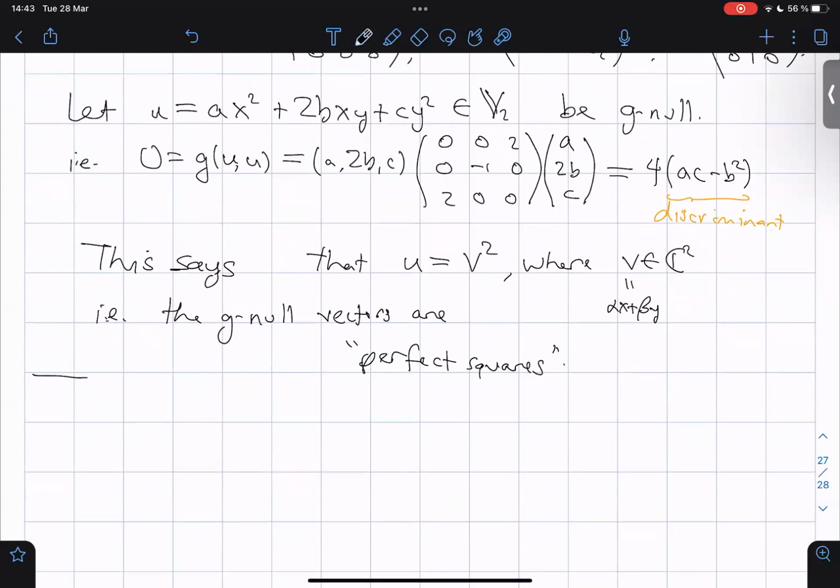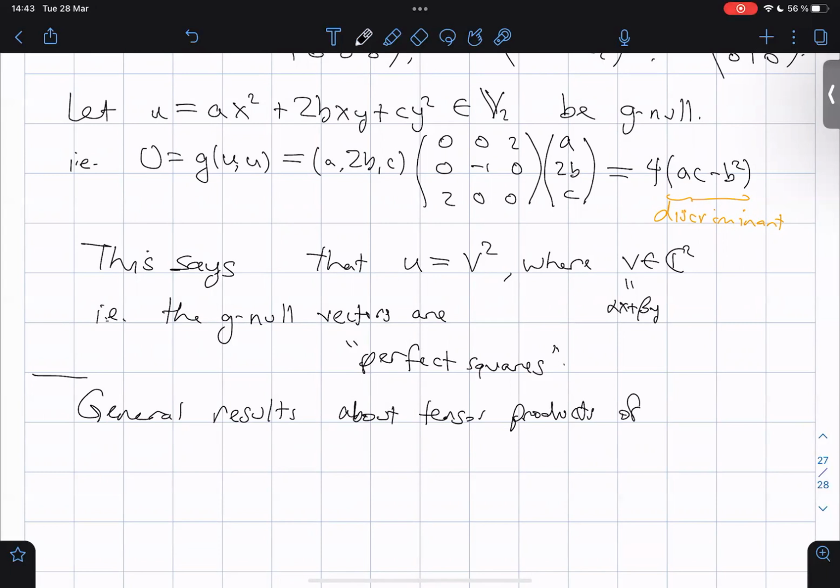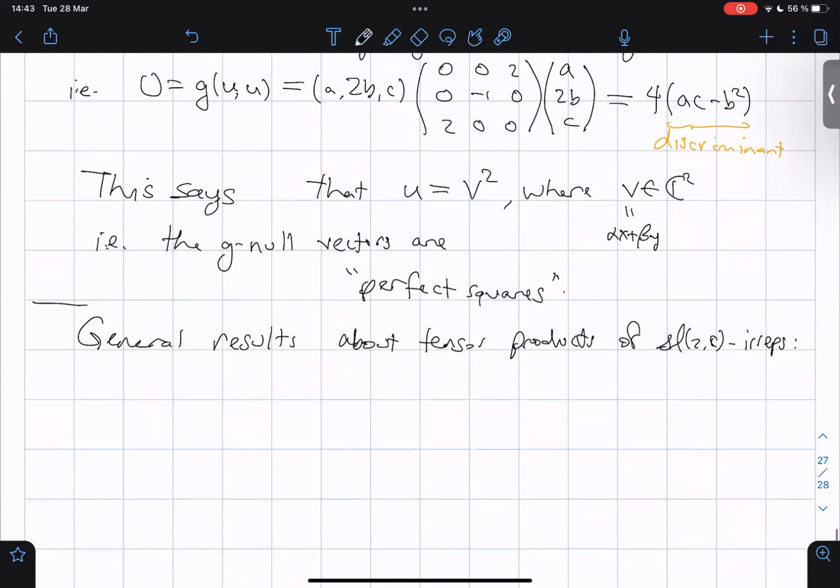So these are good examples to go through in detail, just to get a feel of these computations. Okay, so some general results. I won't give the proof, it's a challenge.